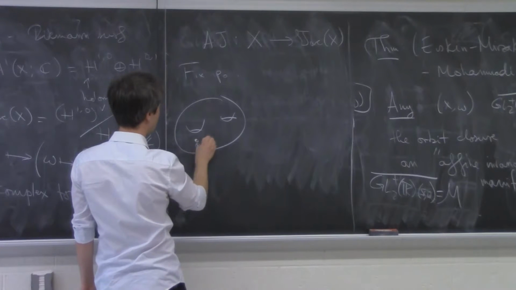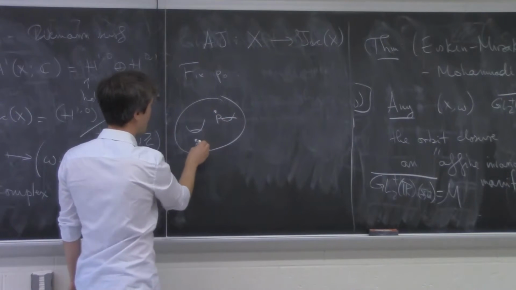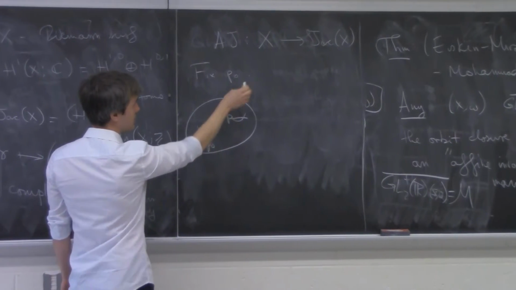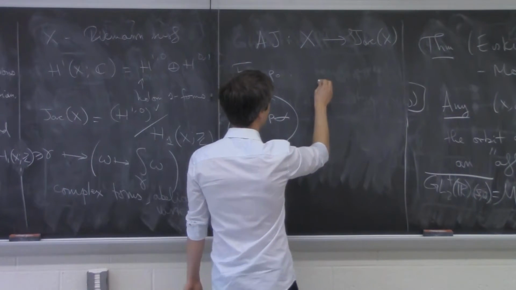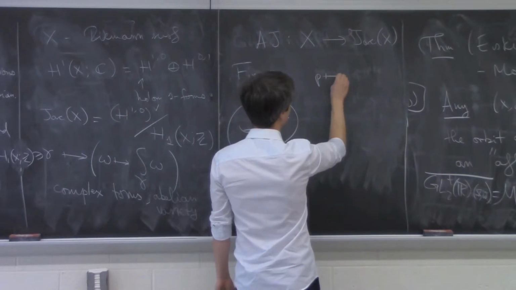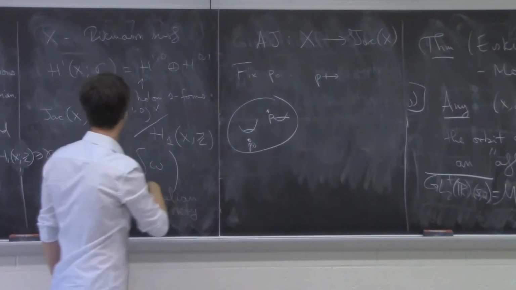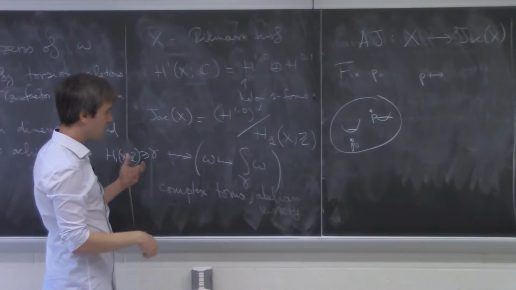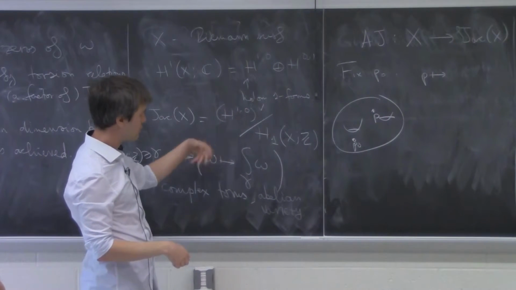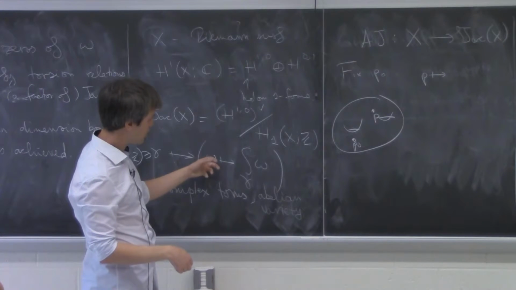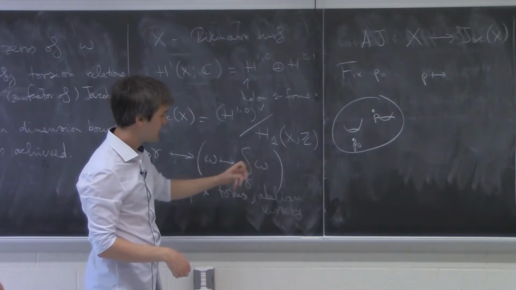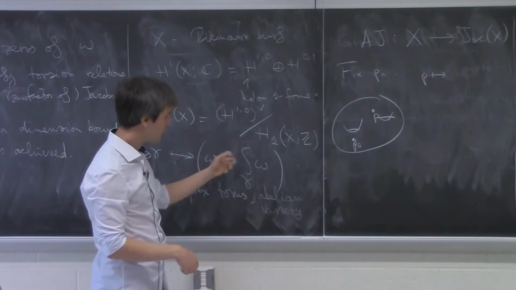You fix p_0 here. So you ask, how do you map p to the Jacobian? What you do is you map p to, so you're supposed to give a way to assign to holomorphic 1 forms complex numbers.